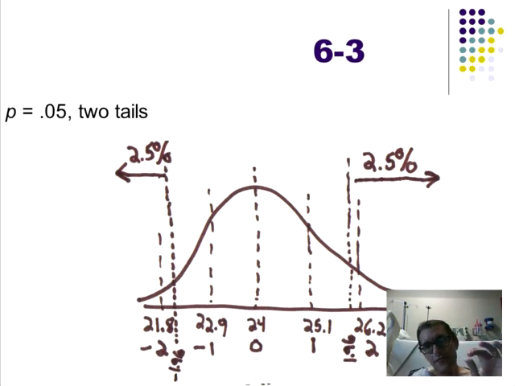If we're looking for the top 2.5%, that means the distance between the mean and the point I'm interested in is 0.475 or 47.5%. 47.5% plus 2.5% equals 50%. And so in the z-score chart, we need to find 0.475.